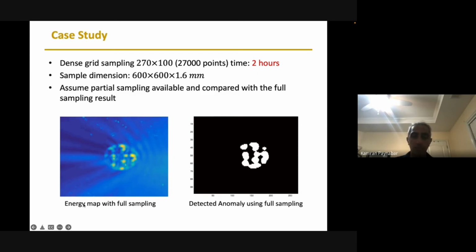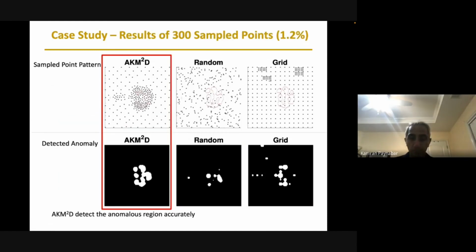This is the energy map with full sampling, dense sampling, which is 27,000. If we use an anomaly detection algorithm that is again developed by our group, you can detect the anomalies here. This is the anomaly detected from this image with full sampling with 27,000 points.